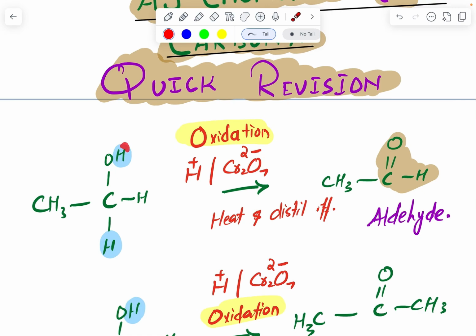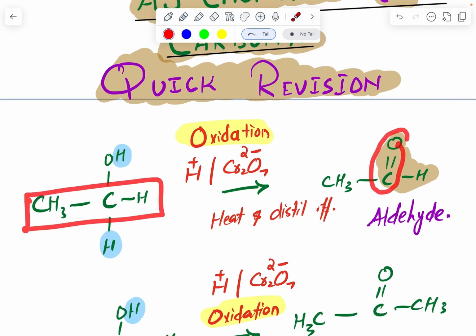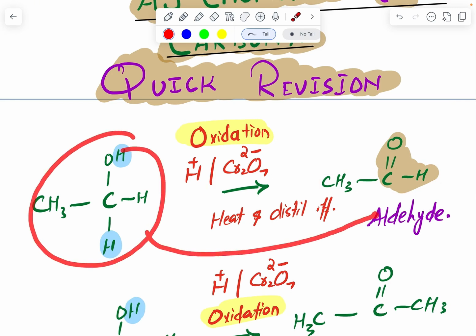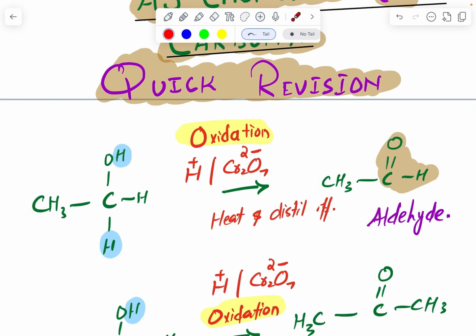You have to remove hydrogen from the OH functional group and the hydrogen from the same carbon atom which is attached to the OH. When you remove this hydrogen and this hydrogen, you will end up with the double bond between carbon and oxygen. The rest you write down as it is. So by using this trick you can convert the alcohol into the aldehyde.